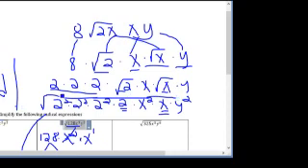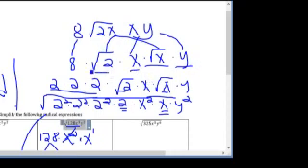First thing I did is I took all these and put them together. 2 times 2 is 4, times 2 is 8. X to the second, just move that up. I moved all these up, and then combine like terms.